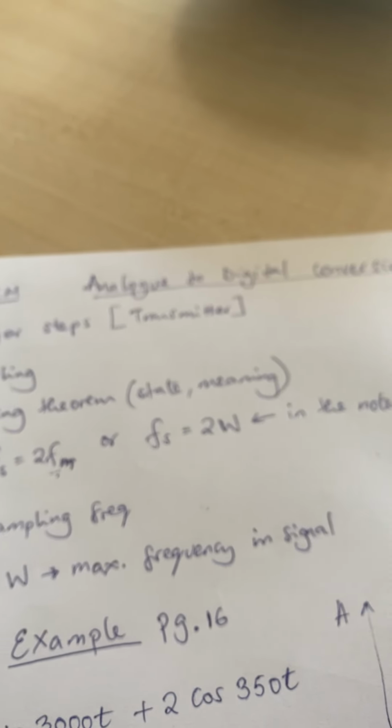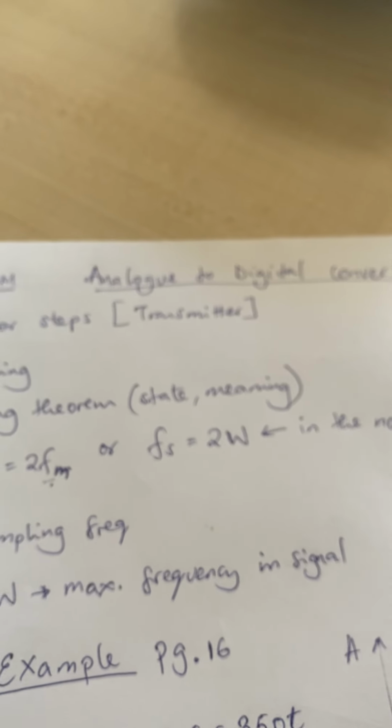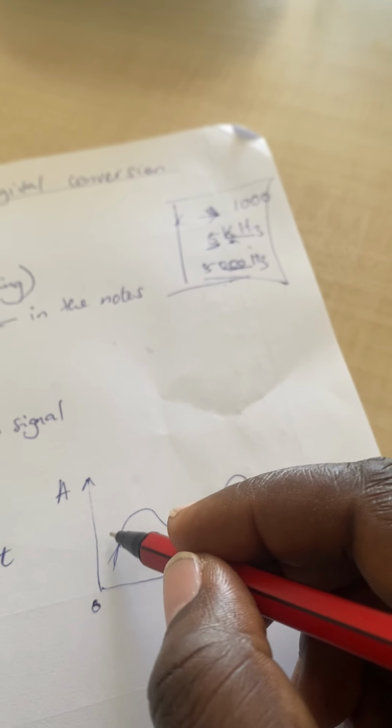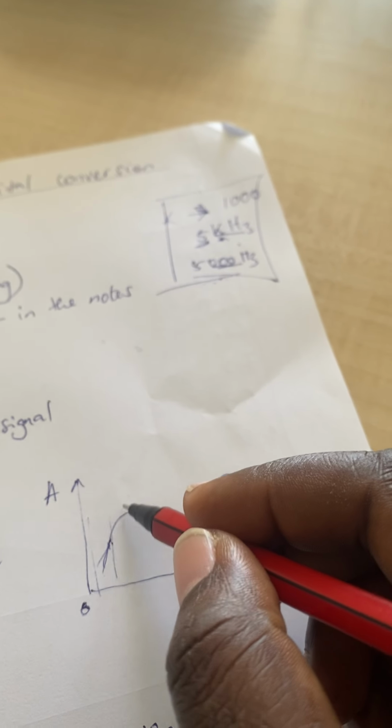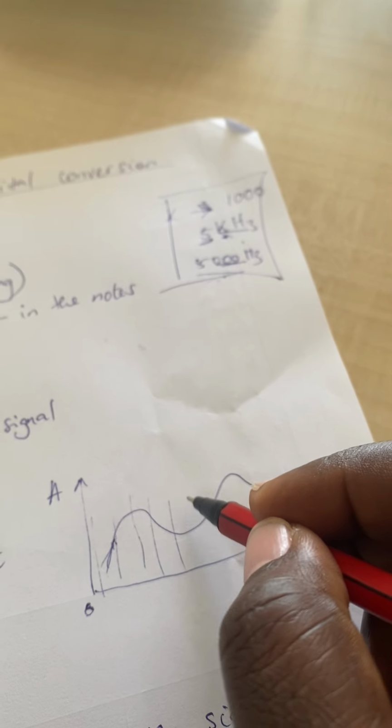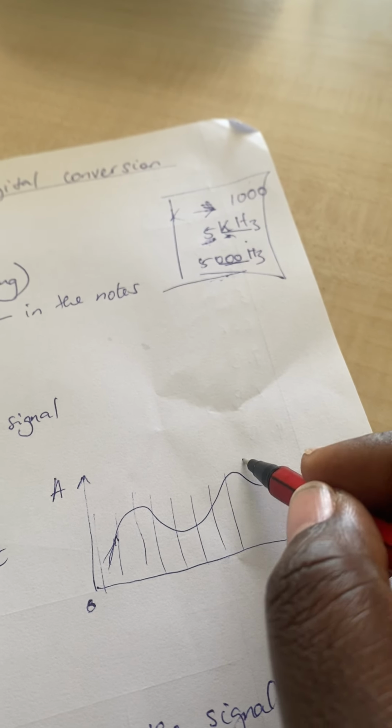Sampling is simply the division of this signal in equal parts.